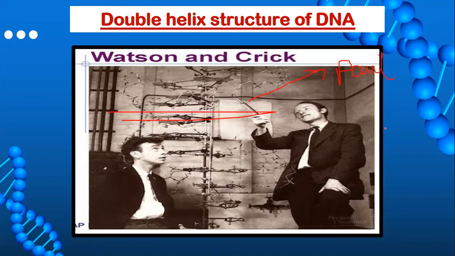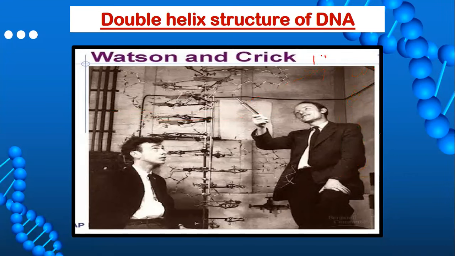Paul proposed, friends, a triple helical structure of the DNA, not the double helical. But unfortunately, most of the other scientists never accepted this model because there was no evidence. There was no proof that the DNA exists in a triple helical structure. So that's why this model failed.